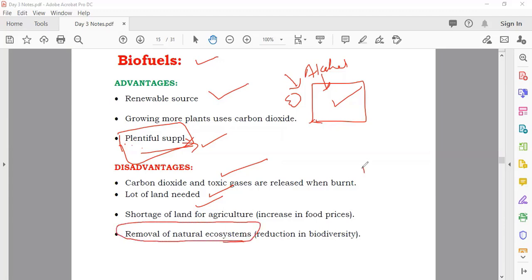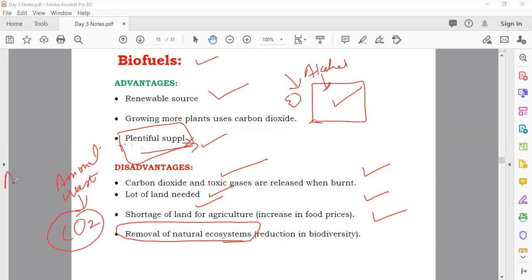So these conditions are sometimes all applicable, and in some places only one of them is applicable. I'll give you an example: if you are using animal waste and you burn it, carbon dioxide is produced.